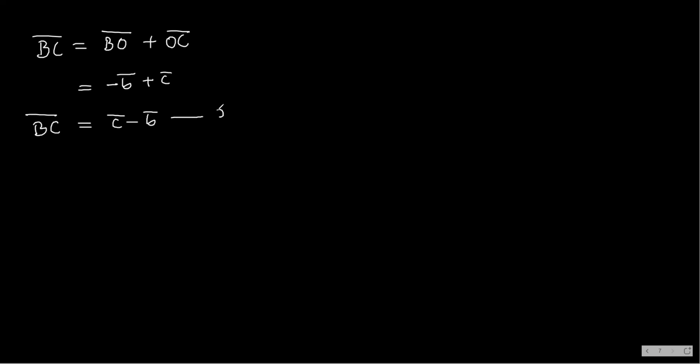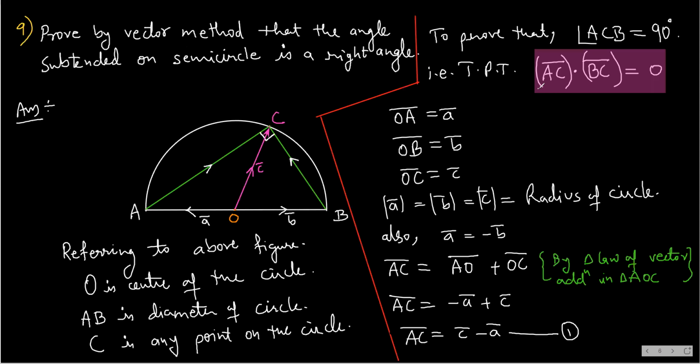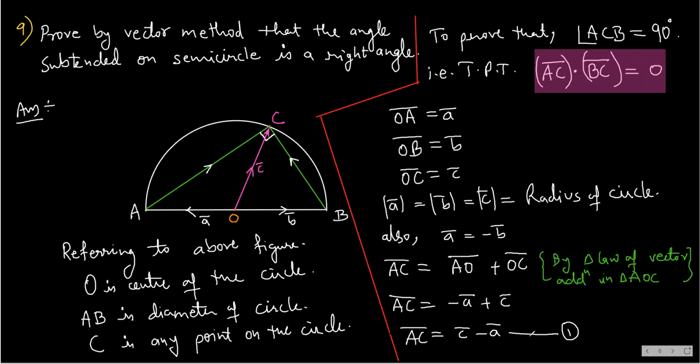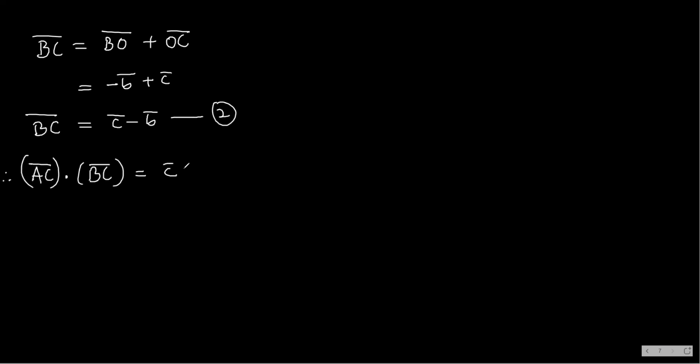This is number 2. I have got these two. Now I'll go for their dot product. I want AC bar dot BC bar. Therefore AC bar dot BC bar is equal to, what is AC bar we obtained? C bar minus A bar, dot C bar minus B bar.